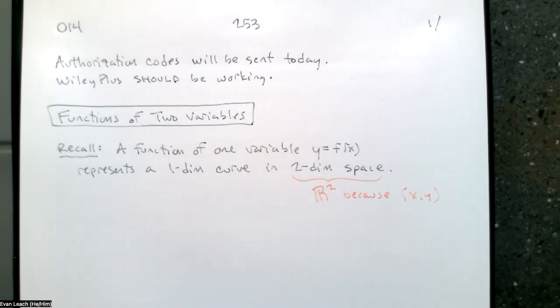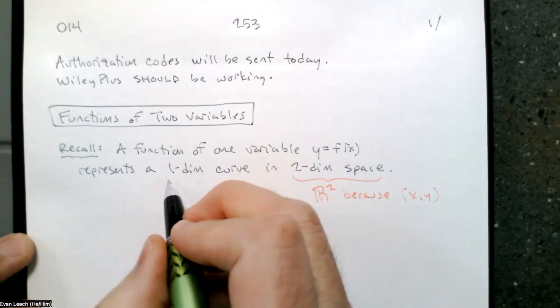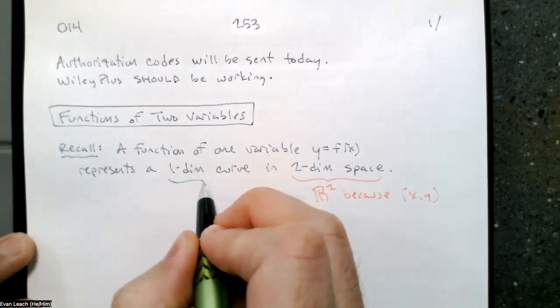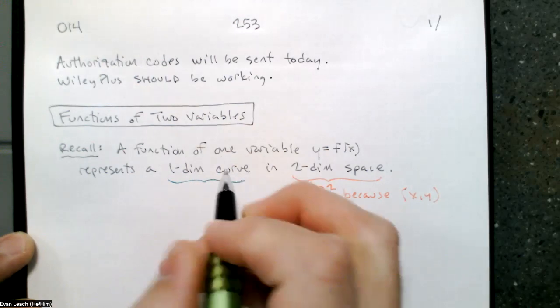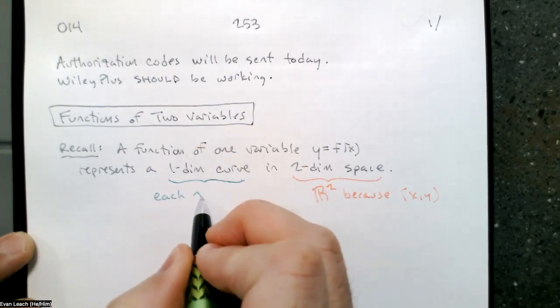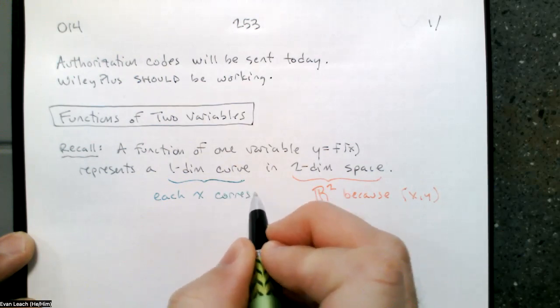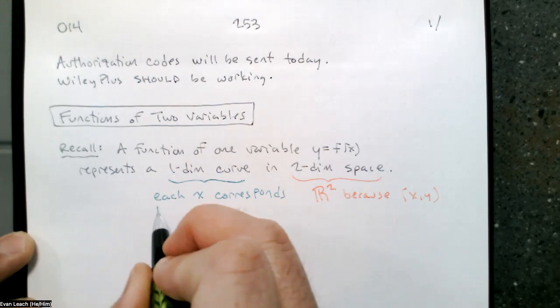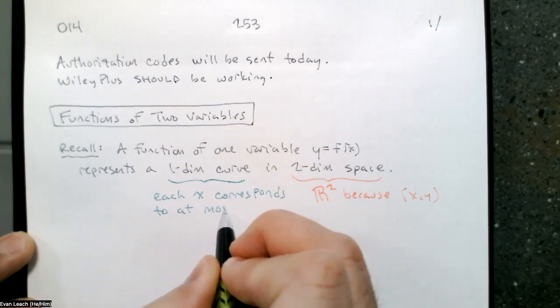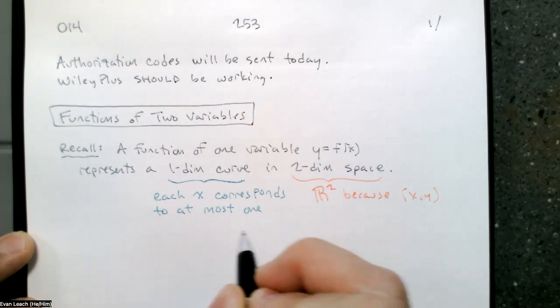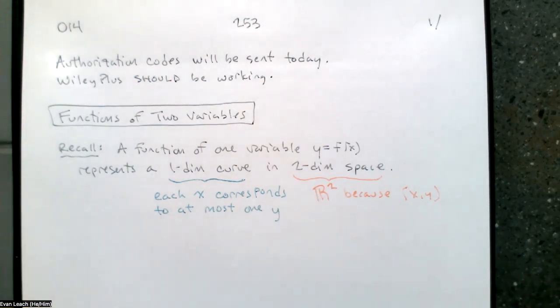By requiring that y be a function of x, that means each input x will correspond to, at most, one output y. So that's the one-dimensional curve part. Each value of x corresponds to, at most, one value of y.